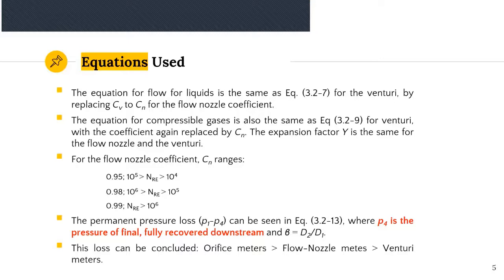So it is lower in pressure loss as compared to orifice, but still higher as compared to the venturi meters. Meanwhile, the venturi meter has the least pressure loss because it has a very long tube and a very long nozzle.